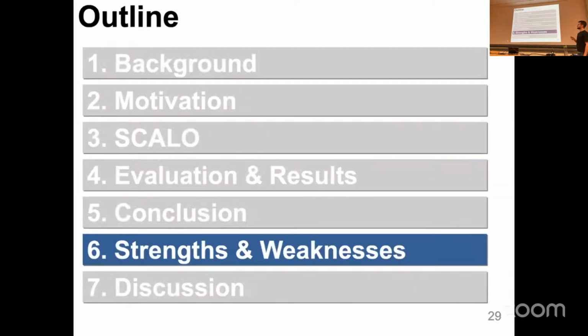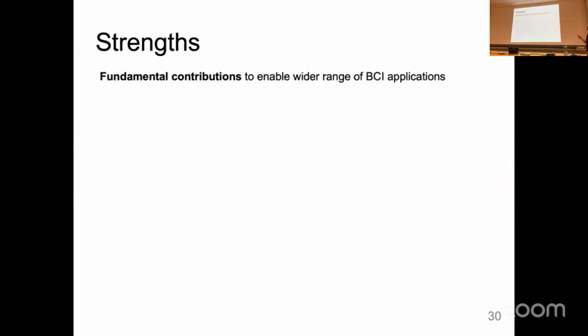So now for the strengths and weaknesses. Starting with the strengths. I think this presents a fundamental contribution to enable a wider range of BCI applications, because most interesting brain functions happen across multiple brain regions, as I've mentioned.